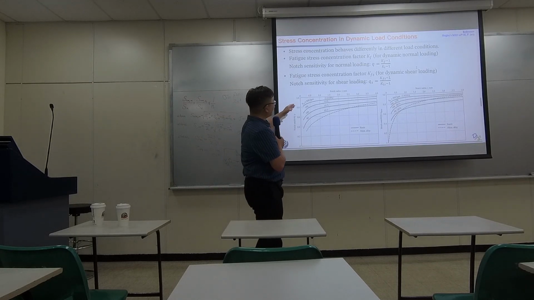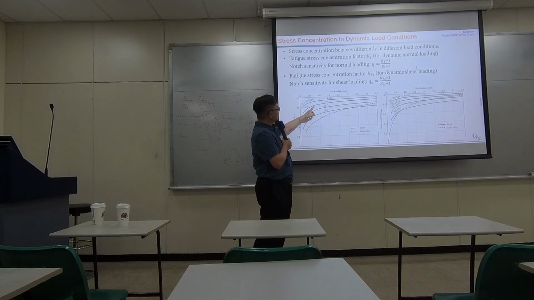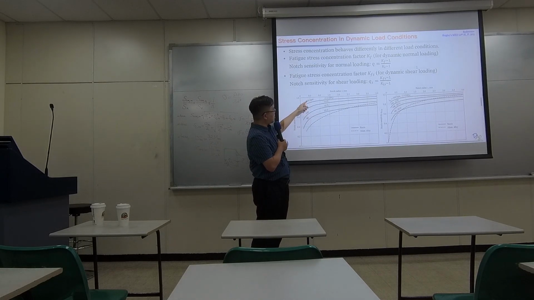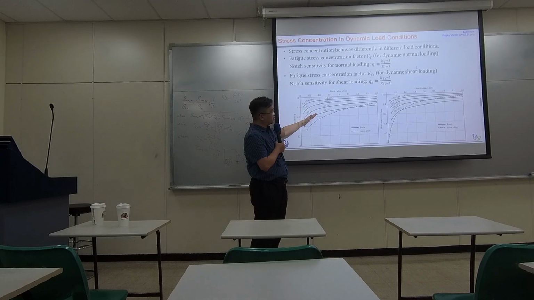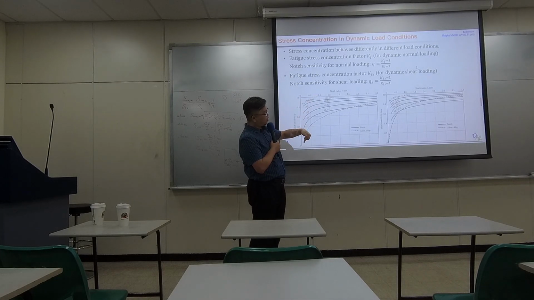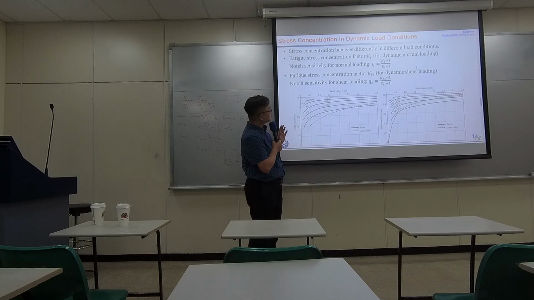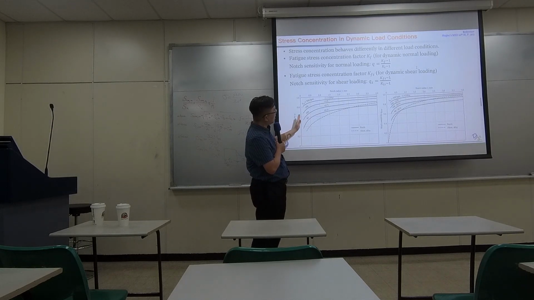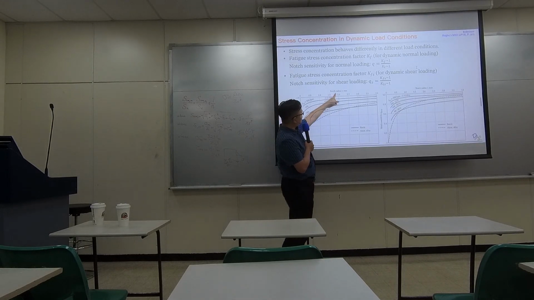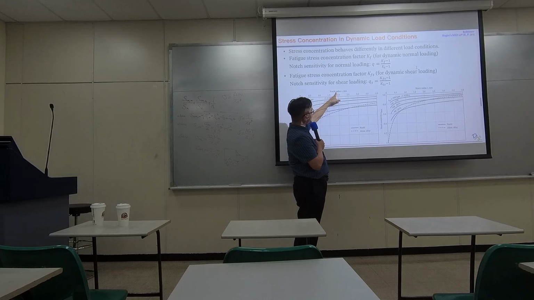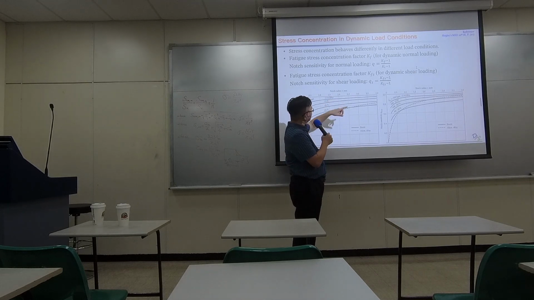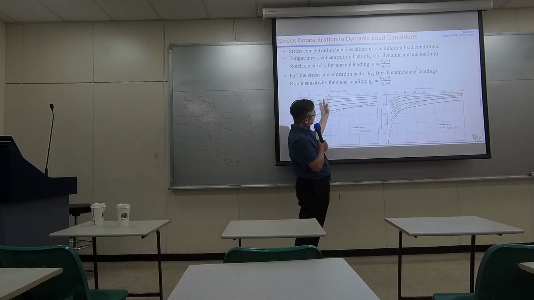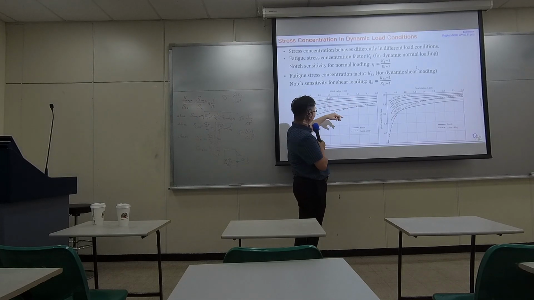However, if you have softer ones, this is the ultimate tensile strength. If you have softer material, then the dynamic stress concentration factor will be lower. Okay, so what will be the situation when you have greater Q? When the radius of the geometry is greater, then Q is greater.